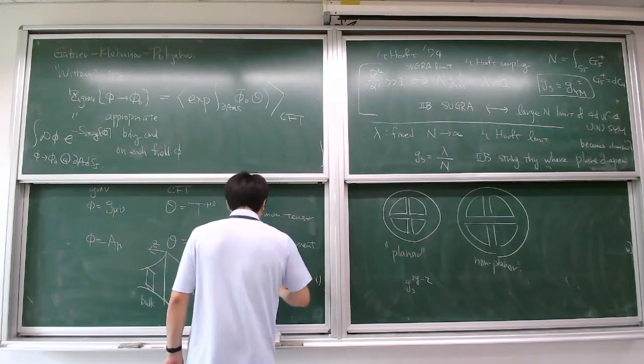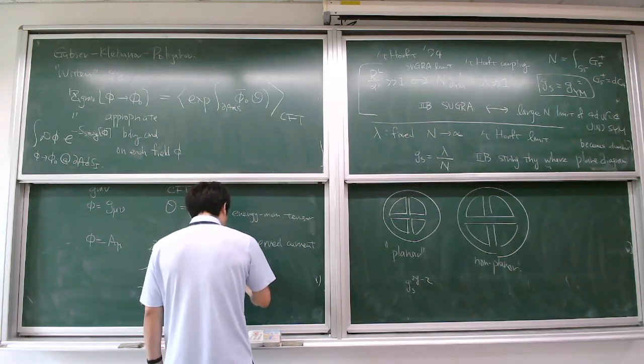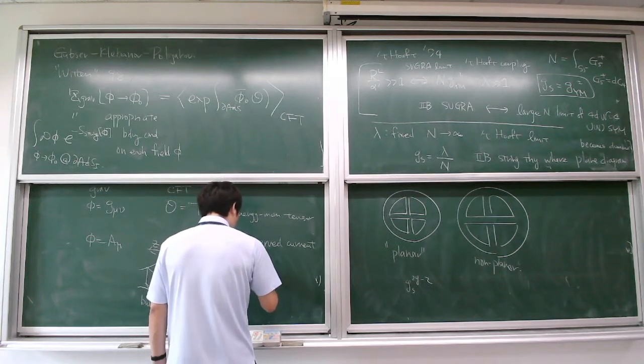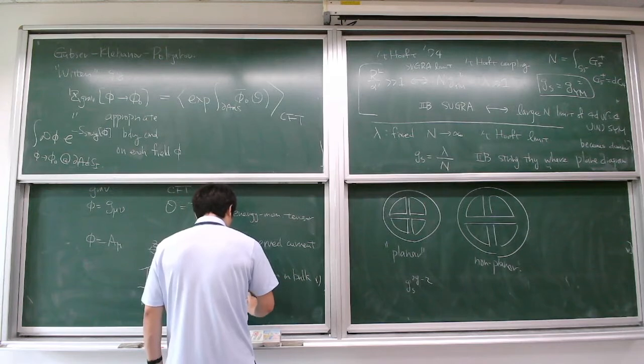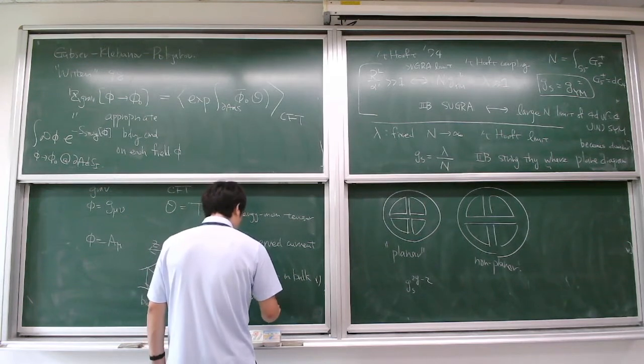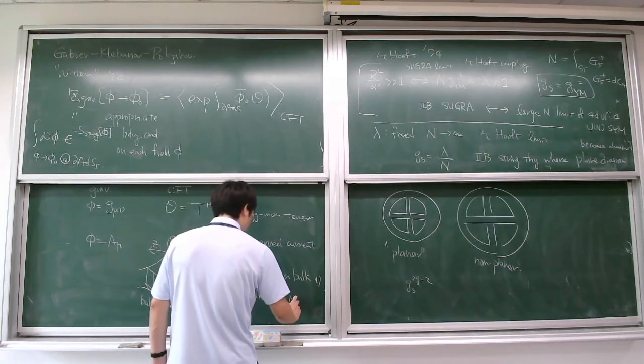So a gauge symmetry in the bulk becomes a global symmetry at the boundary.